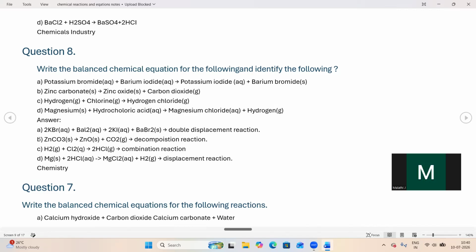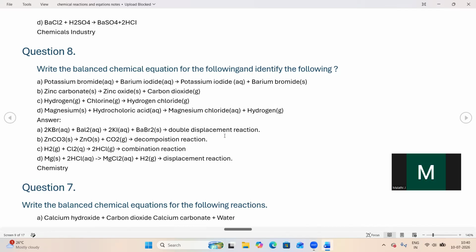So if potassium bromide reacts with barium iodide, you will get potassium iodide plus barium bromide. If you observe what is happening here, potassium replaces barium, and barium again comes to attack the bromide. Here it is a mutual exchange, meaning exchange of ions takes place.